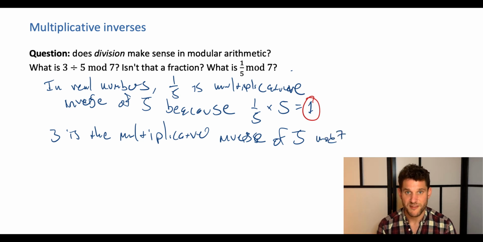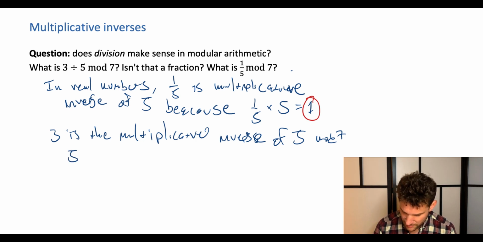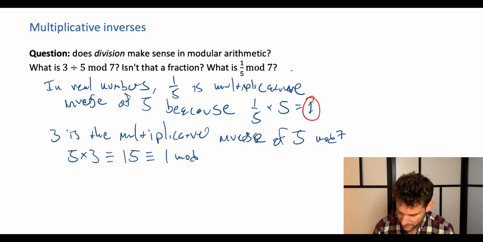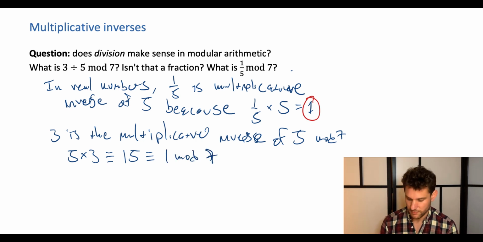Why is that? Because notice that 5 times 3 is congruent to 15. It's actually equal to 15, which is congruent to 1 mod 7. So you notice here that I took 3 times 5, and I got 1. So somehow you can think of 3 as the multiplicative inverse of the number 5.